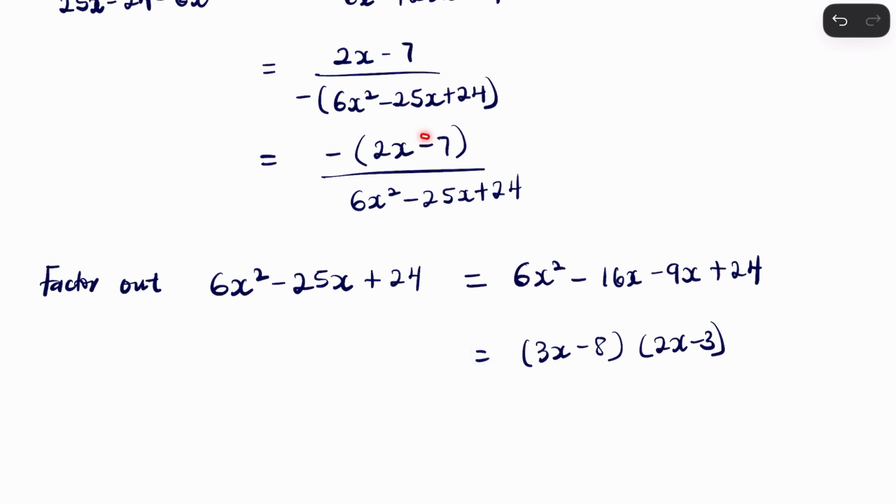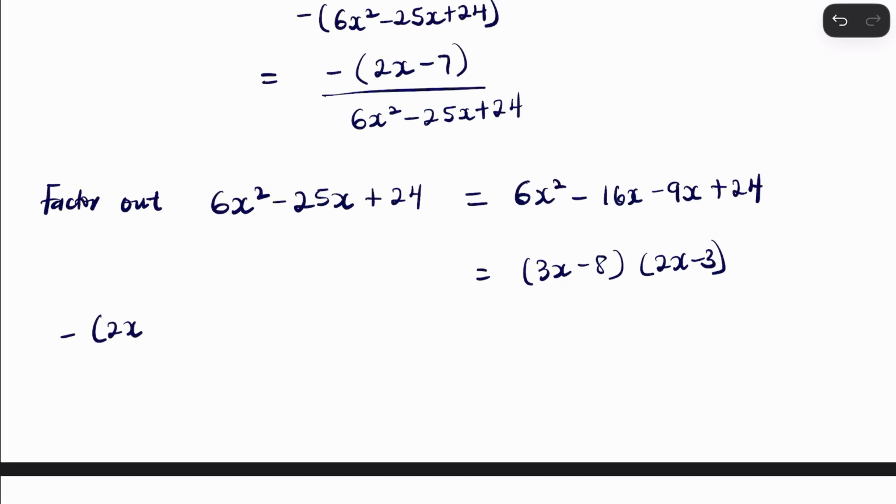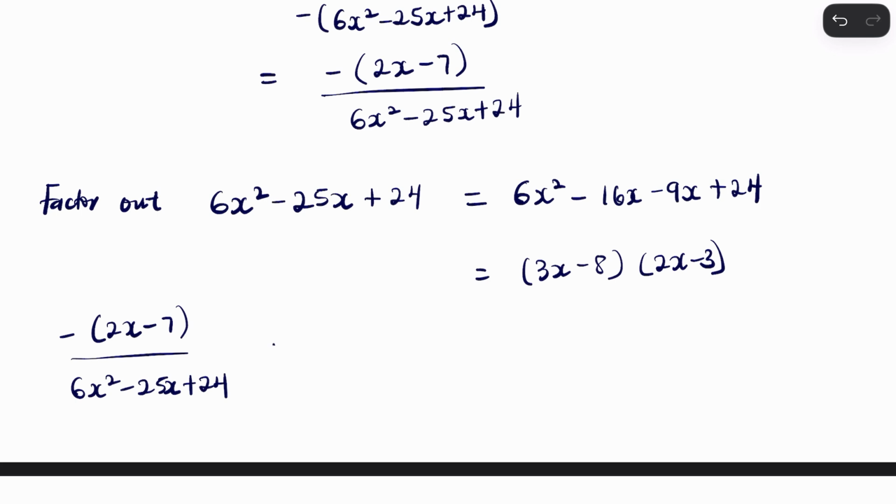And so you can rewrite this expression as minus (2x minus 7) divided by 6x squared minus 25x plus 24. This is equal to, the numerator stays the same, then the denominator is now giving us this expression here, right?